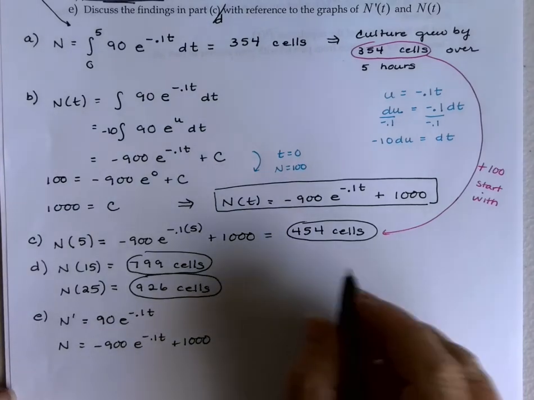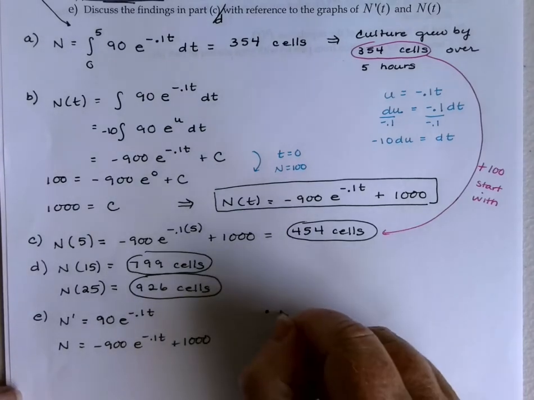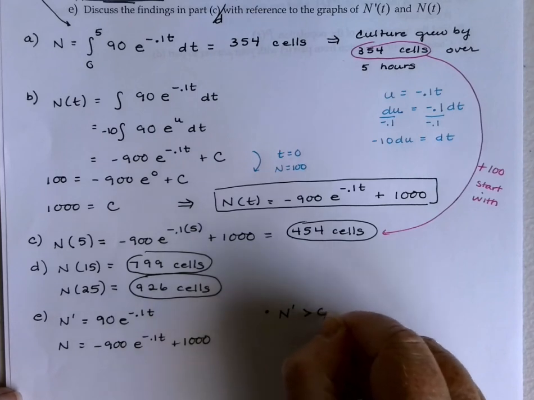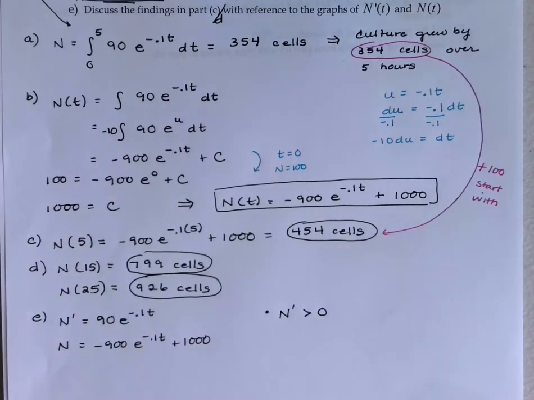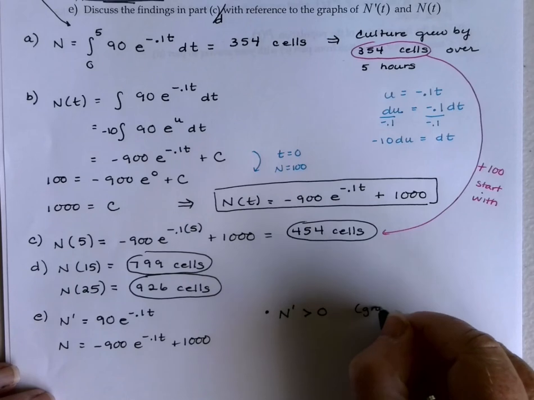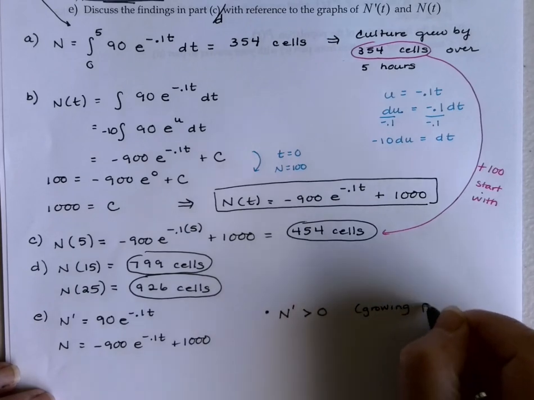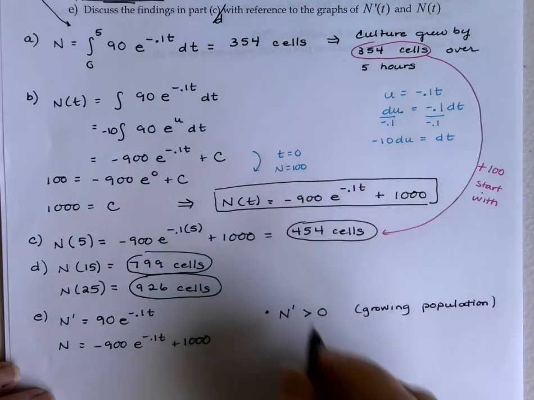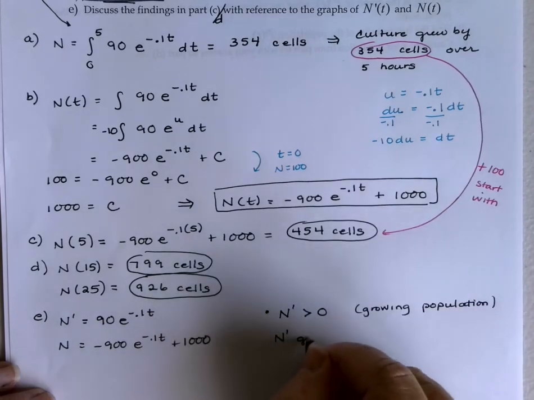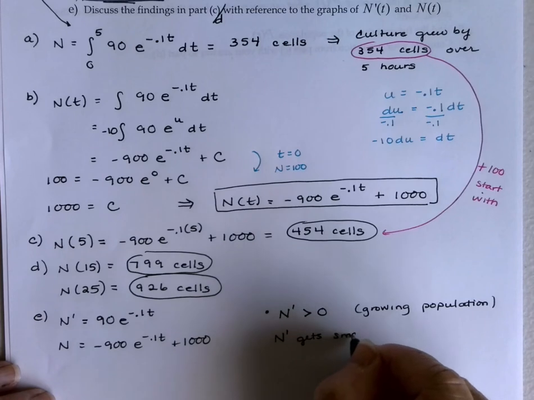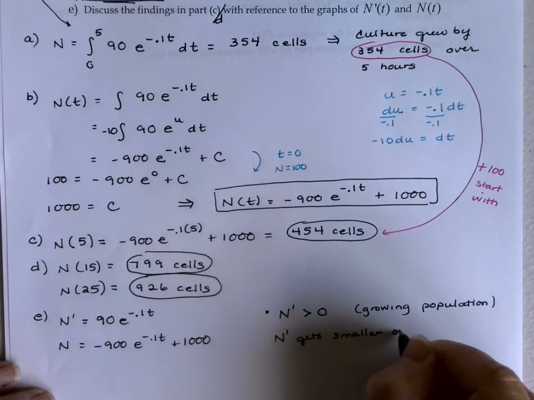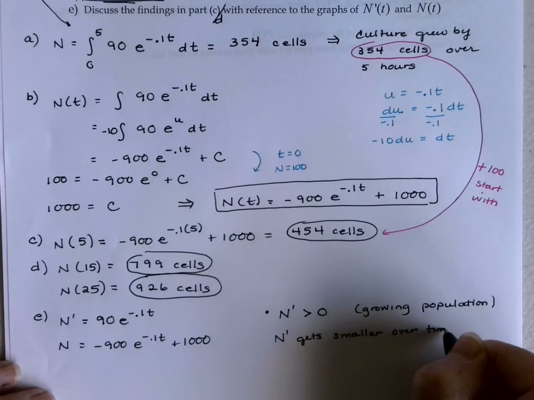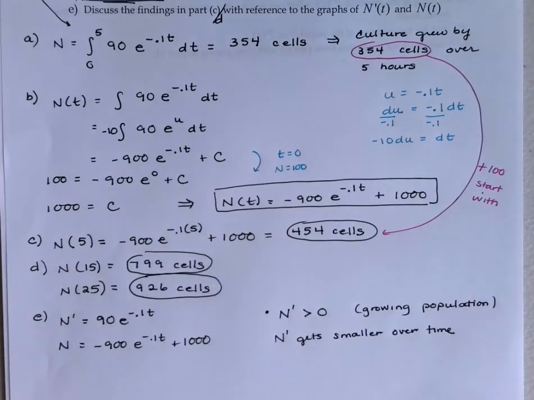So my first observation is, n prime is going to be positive because we are growing in population all the time. But n prime gets smaller over time. Right, the growth rate is decreasing.